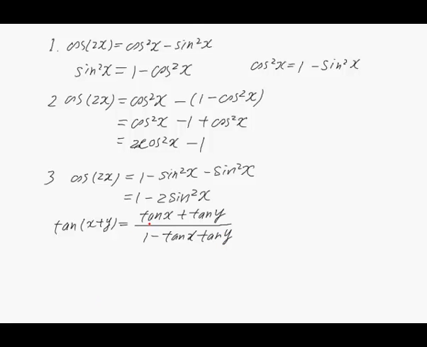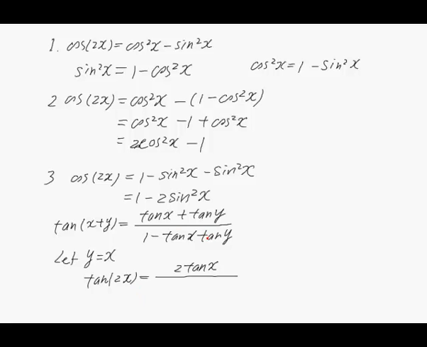So now we replace the y by x, and then we can have the tangent of 2x. So this is equal to, tangent x plus tangent x, you have 2 times tangent x, right?